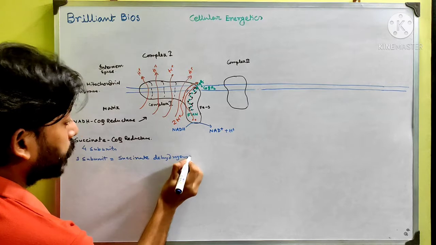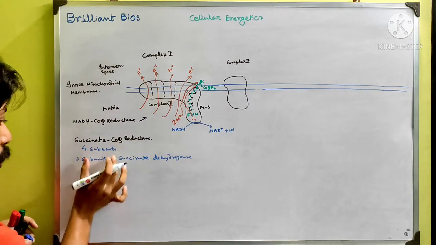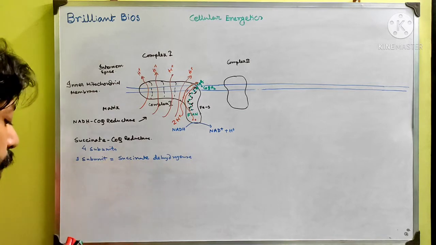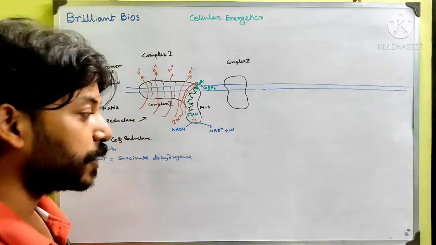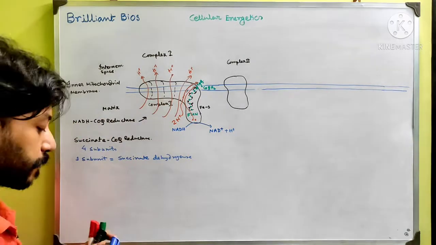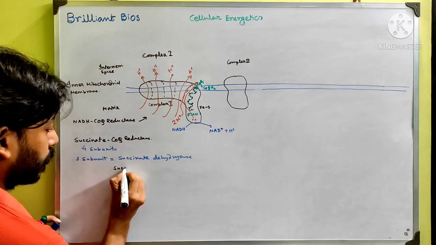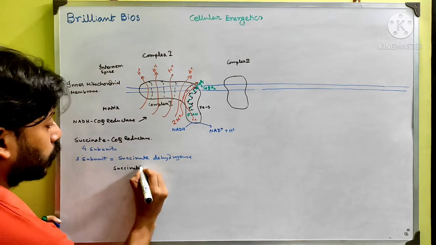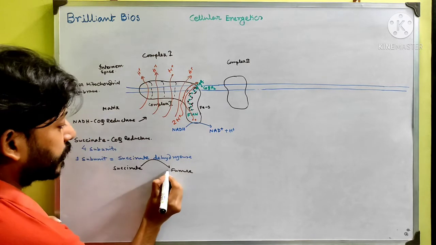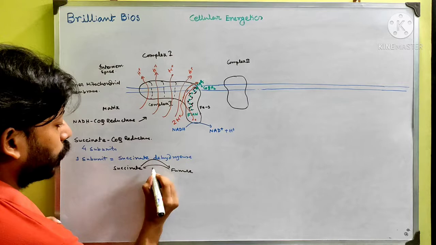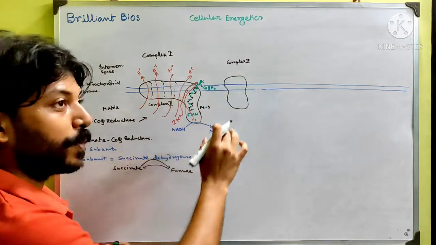I have already discussed the function of this enzyme. Its function is to convert succinate to fumarate, and this reaction is reversible. So this enzyme is part of complex 2.